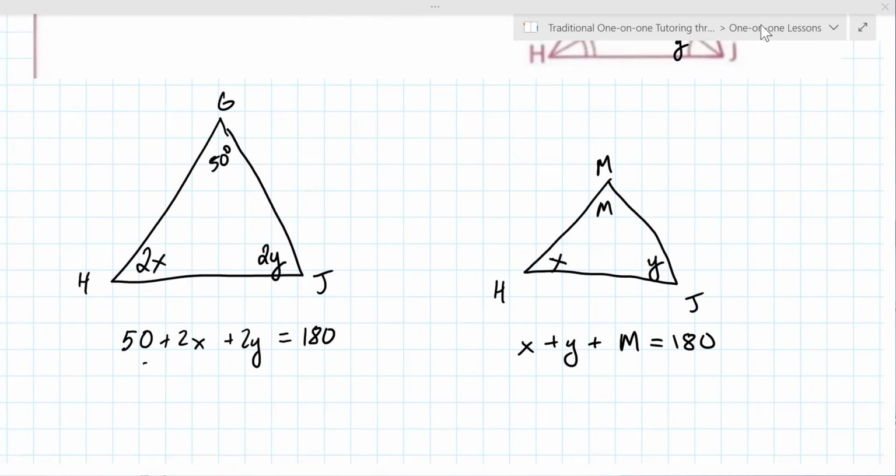And actually, I should probably get my copy of the book out. I can help you find it as well. Geometry for Enjoyment. So you're in chapter 7.